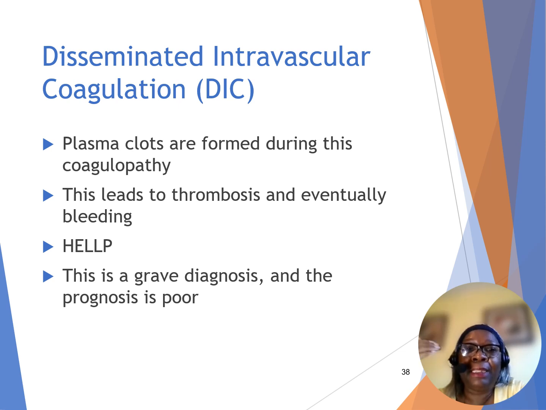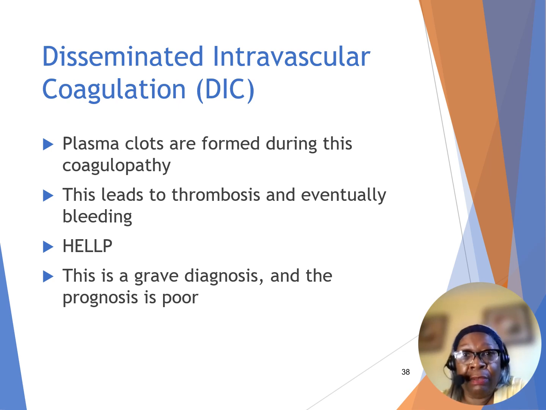So HELP is a life-threatening pregnancy complication, usually in preeclamptic or abruptio placentae patients. DIC and HELP usually occur in later stages of pregnancy, or it can occur 48 hours to 7 days after childbirth.